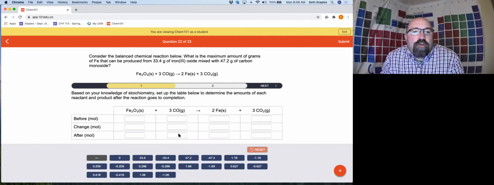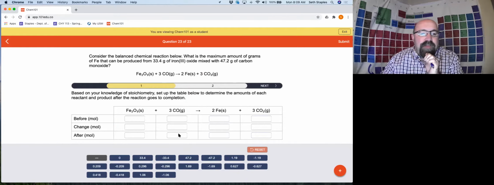And we're told that we are starting with 33.4 grams of iron 3 oxide and 47.2 grams of carbon monoxide. And so we're asked to fill out this table to determine the amounts of reactant and product.